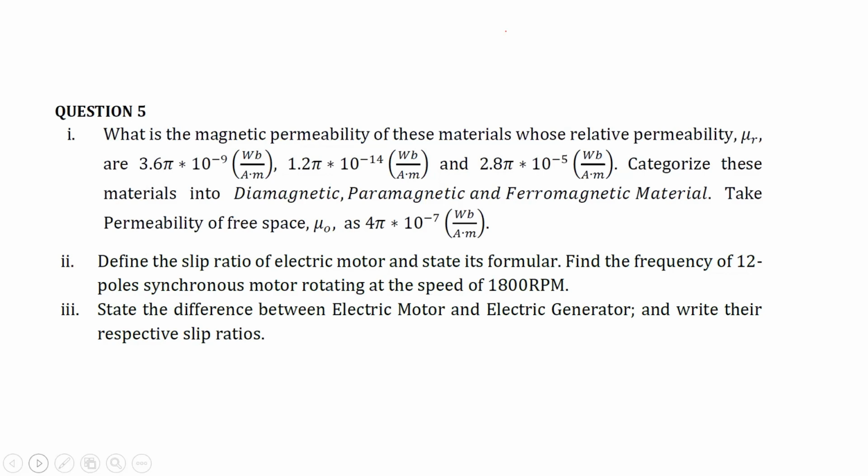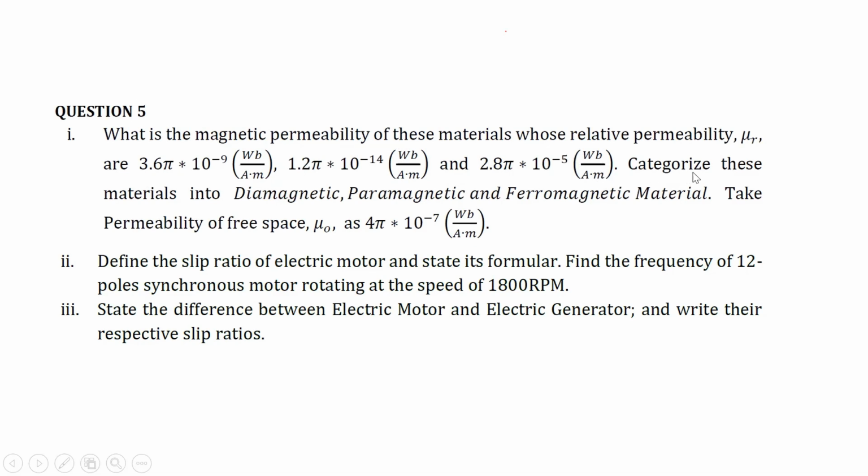Then for question number 5, what is the magnetic permeability of these materials whose relative permeability are 3.6 pi times 10 raised to the power minus 9 Weber per ampere-meter, 1.2 pi times 10 raised to the power minus 14 Weber per ampere-meter, and 2.8 pi times 10 raised to the power minus 5 Weber per ampere-meter.